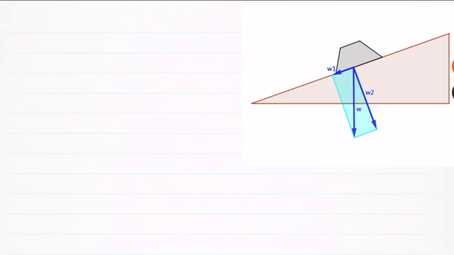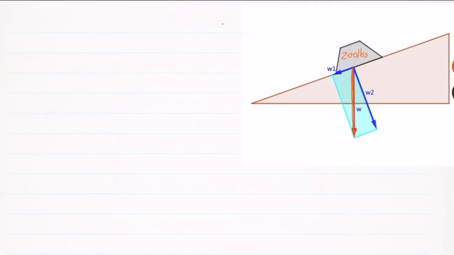Let's talk about an application of an orthogonal pair. Let's say we have a weight that's sitting on a ramp, and if this thing weighs 200 pounds, then that force is going straight down towards the center of the Earth, which would be represented by this vector here, this W, which I call W because of its weight.